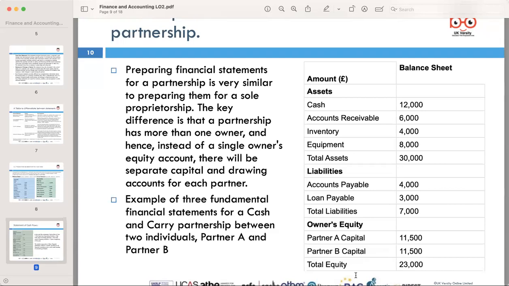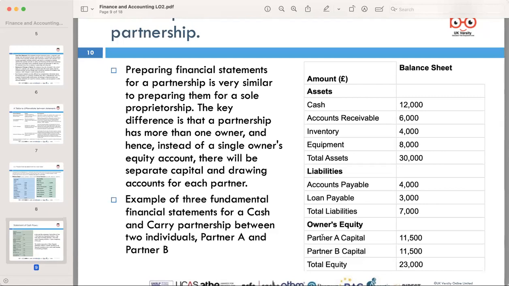The key difference is that instead of a single owner's equity account, we have separate capital and drawing accounts for each partner. There can be two or more partners. These accounts help us track each partner's investment and withdrawals, or drawings.